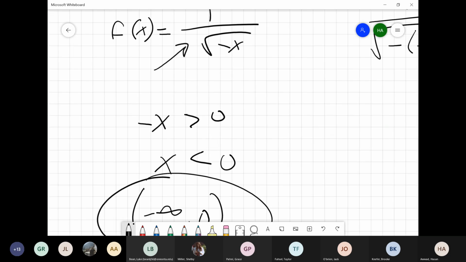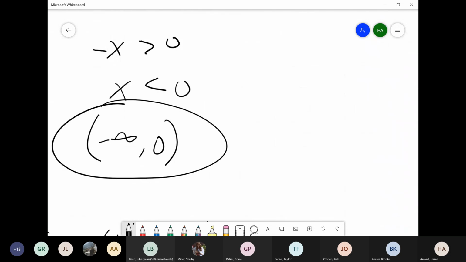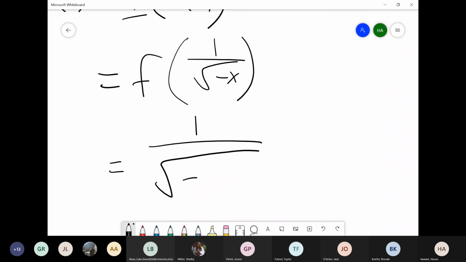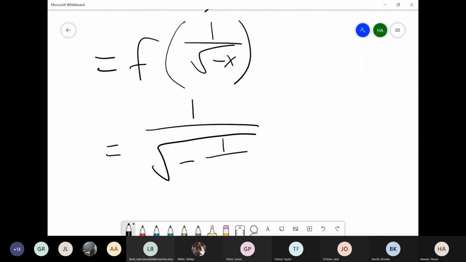But instead of it being x, it's now this fraction, this piece right in here, because this is now my new input. So my new input is the fraction 1 over the square root of negative x.